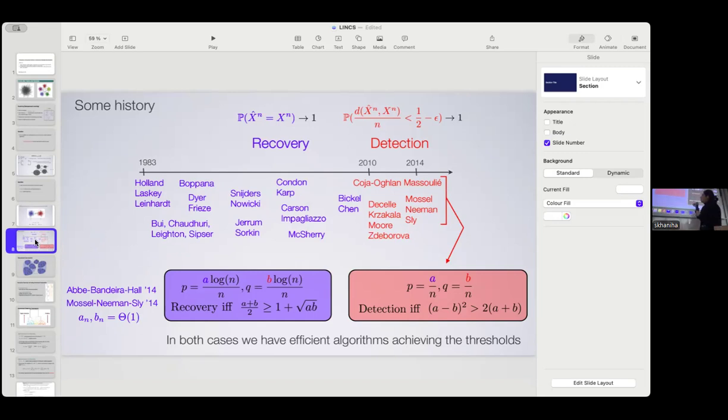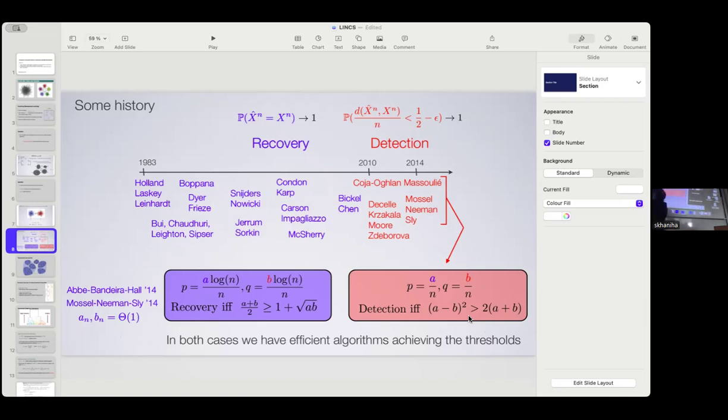And then people found a necessary and sufficient condition: if the probabilities between the communities and inside the communities satisfy this property, they proved that the clusters can be detected.